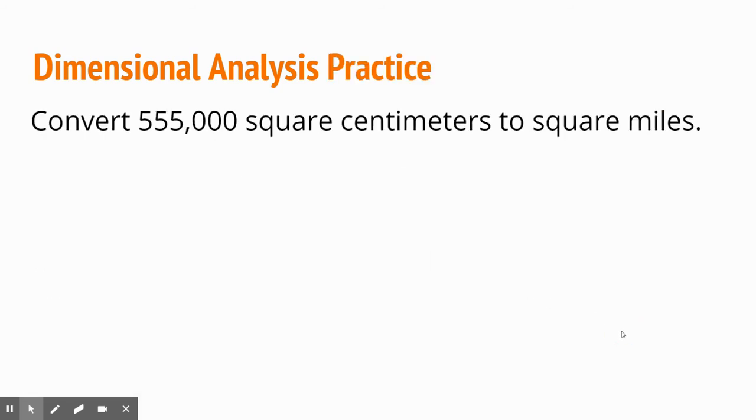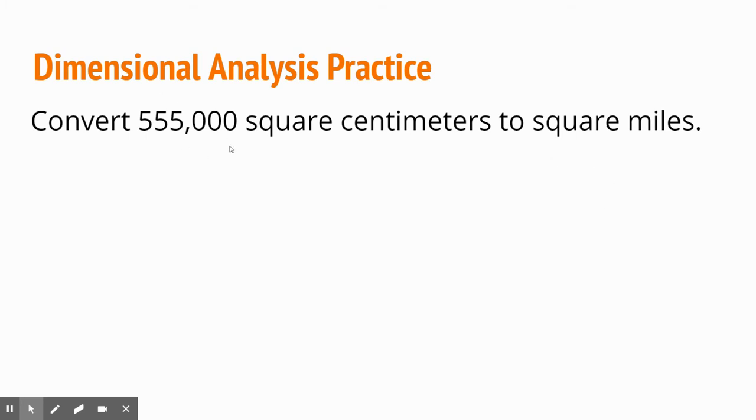So let's convert 555 square centimeters to square miles. My given or measured value is 555,000 centimeters squared. So that would be an exponent of a 2. And I'm trying to convert this to square miles.